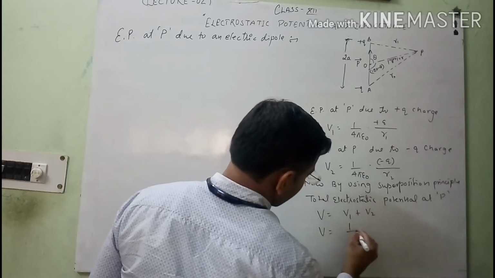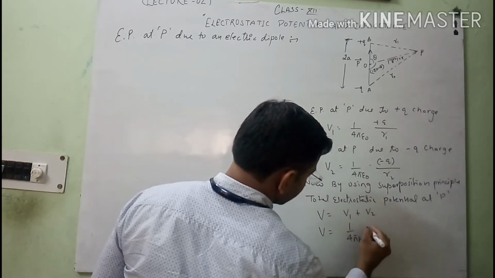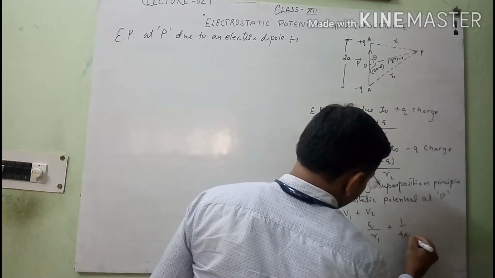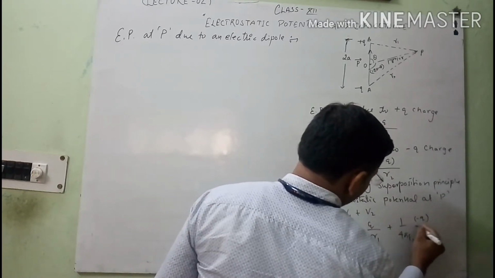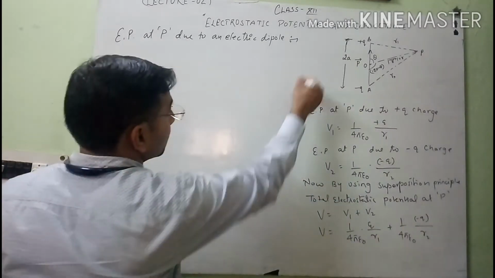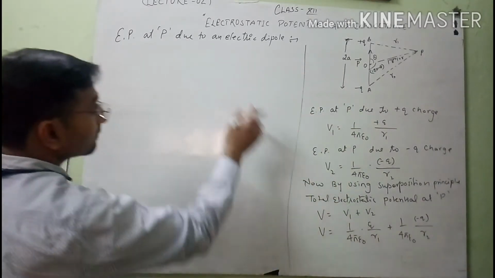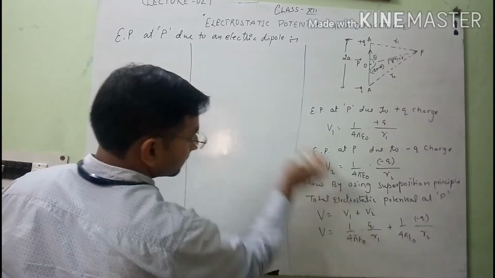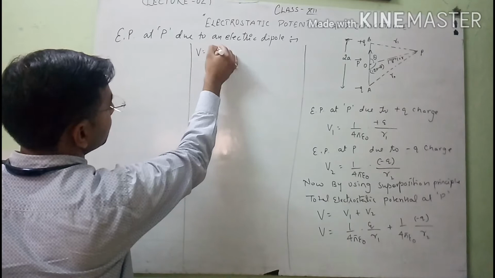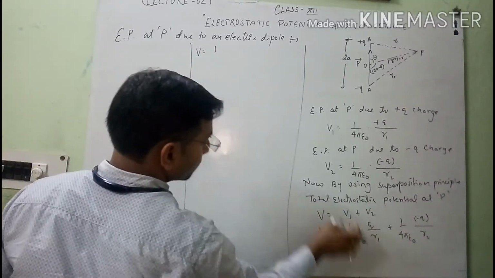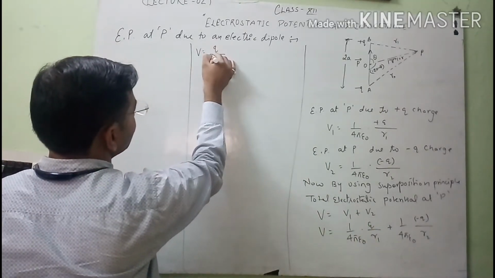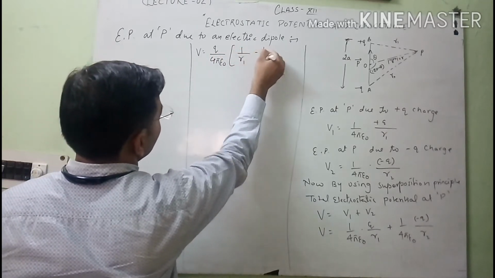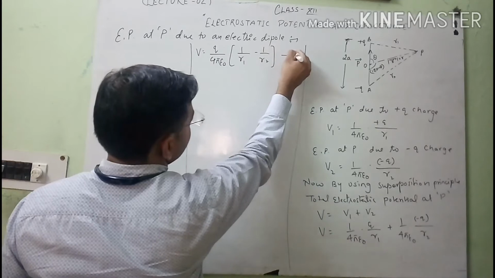Substituting the values, 1 over 4 pi epsilon naught Q upon R1 plus 1 over 4 pi epsilon naught minus Q upon R2. Taking common Q over 4 pi epsilon naught, we get V equals Q over 4 pi epsilon naught times 1 upon R1 minus 1 upon R2. This is your equation 1.